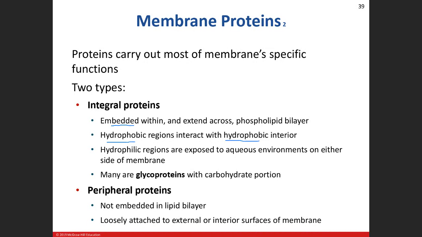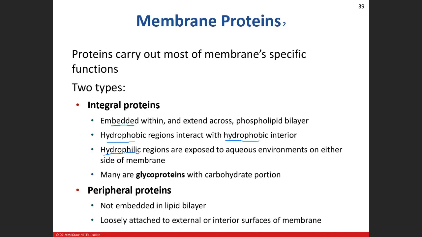It should say hydrophobic and hydrophilic up there; it says hydrophobic and hydrophobic. I'm sorry, I'm jumping ahead here. Here's the hydrophilic. The hydrophobic region of the protein is going to interact with the hydrophobic region of the phospholipid bilayer there.